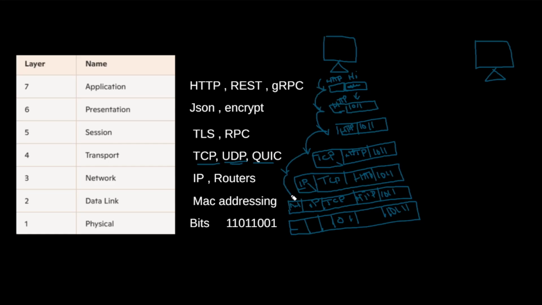After that it will add the MAC addressing header, and then it will do the bits. After that it passes through the network, and finally it will deliver the hi to this address.